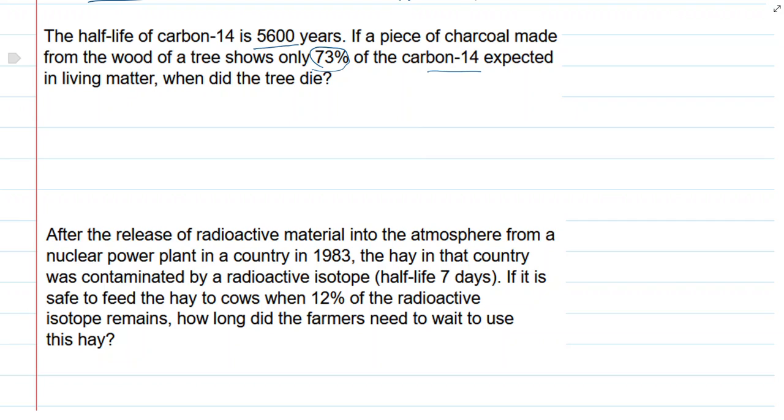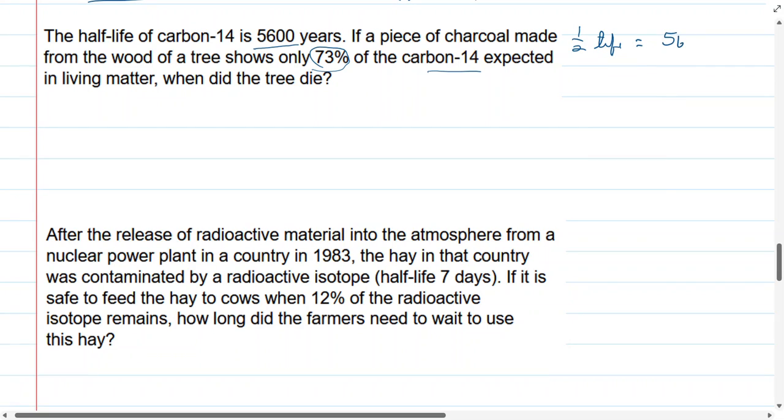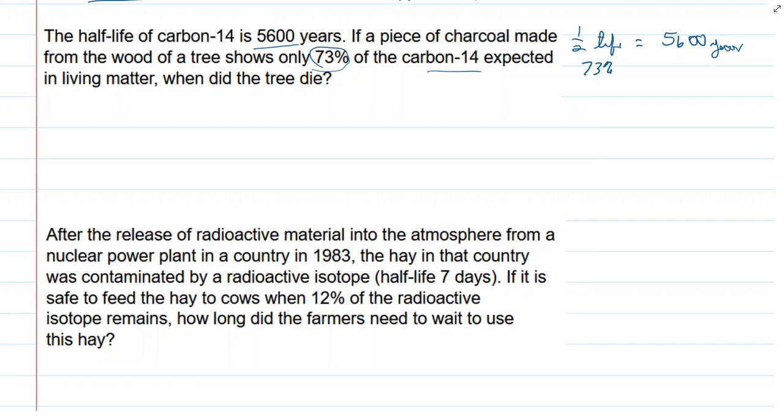So here we have a half-life equals 5,600 years. And the piece of charcoal shows 73% of the carbon 14 expected in living matter. So that means we have 100 minus 73, and I get 27, right?